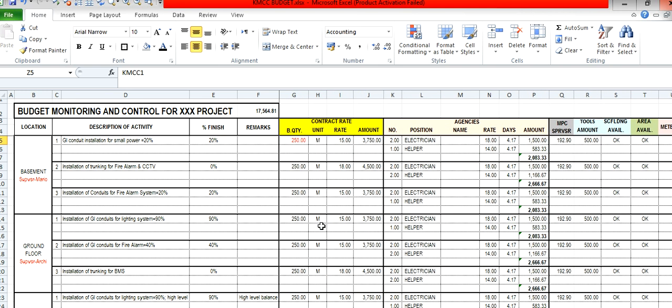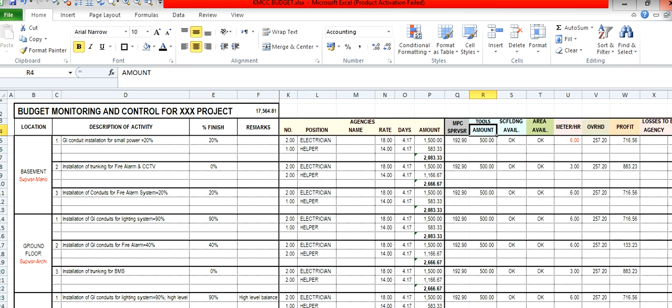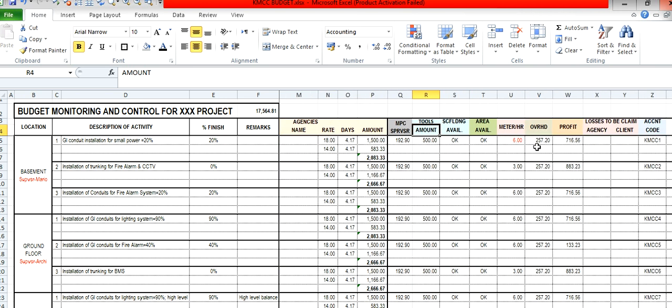So here it is very clear. We have a contract rate, the quantity that we have done, and then this is the electrician. This is the agency that we have to pay by this activity only, specifically. So our profit is based on this, minus the agency, minus the supervisor, minus the tools, minus any losses or overhead.